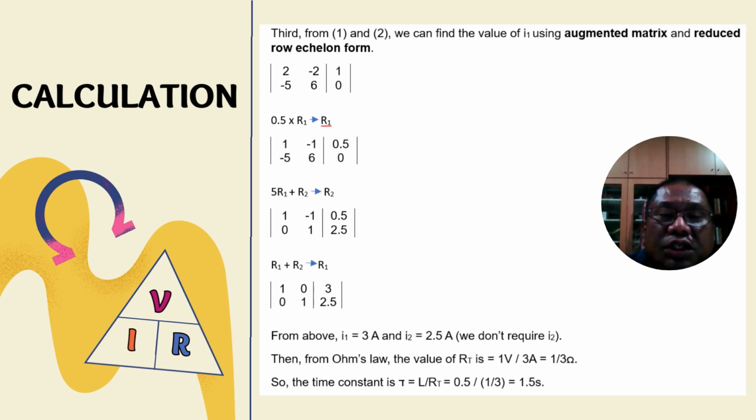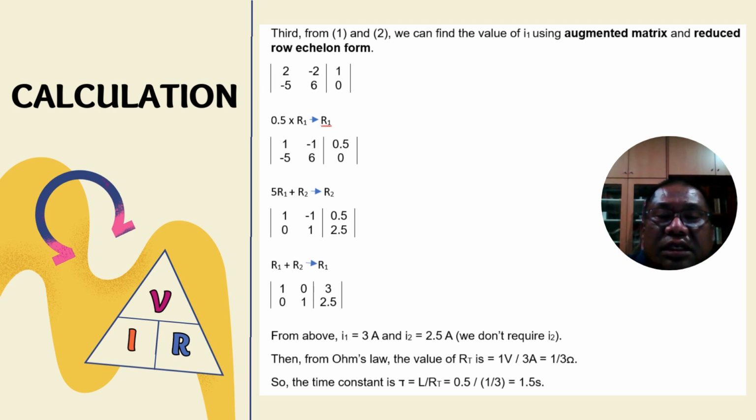But in this case, we don't require I2. What we need is I1, that is 3 ampere. Now, we know the voltage source is 1 volt, and we know I1 is 3 amp. So we use Ohm's law to find the total resistance of the circuit, the Thevenin circuit. R equals V divided by I, 1 volt divided by 3 ampere, we get 1 over 3 ohm.